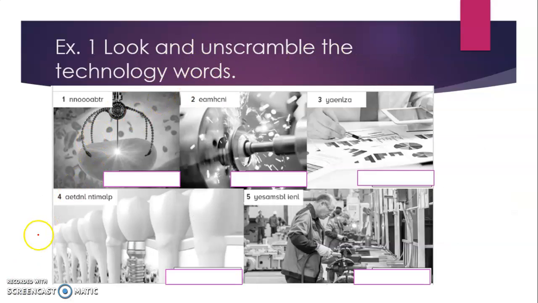unscramble the technology words. Okay, so I'm going to give you these words for this exercise. And the first picture, you have a cell with maybe an arm of a robot. So the word is nanorobot.